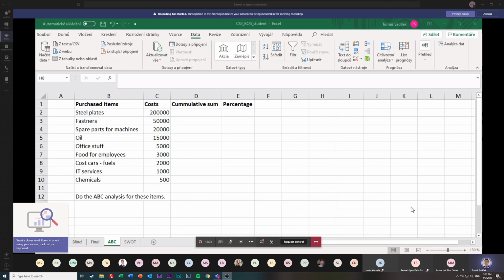Perfect. The second step is to calculate the cumulative sum of costs. In the first line, the cumulative sum is just the cost for steel plates, so I put it in cell C2 and enter. Then for the second line, the cumulative sum is the sum above plus the cost for fasteners.